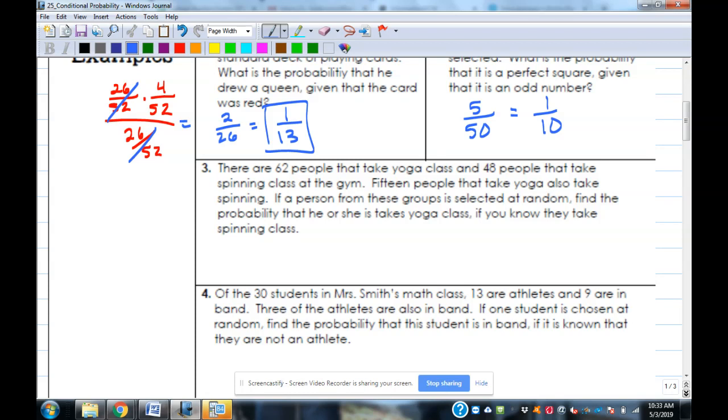So we're looking for the probability that they take a yoga class, given that they take spinning.